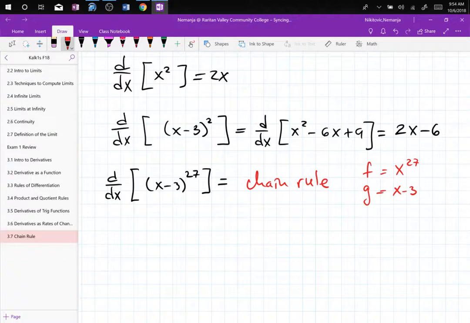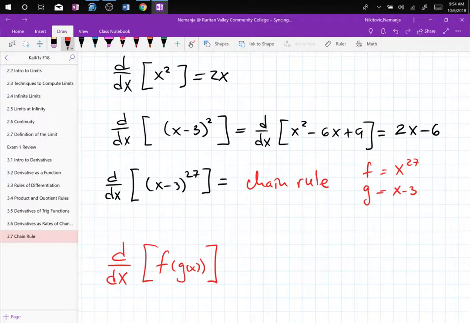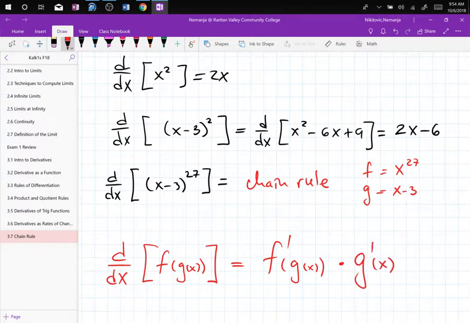So what is the formula for chain rule? Chain rule is taking the derivative of function composition. The derivative of function composition, the answer would be f prime of g of x times g prime of x.